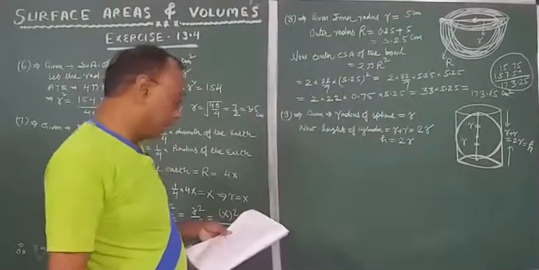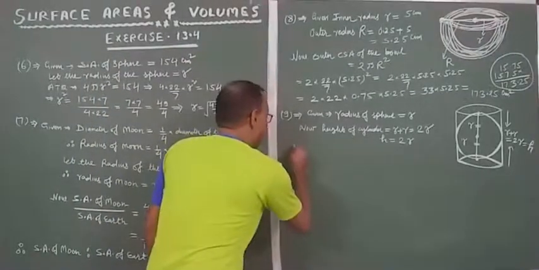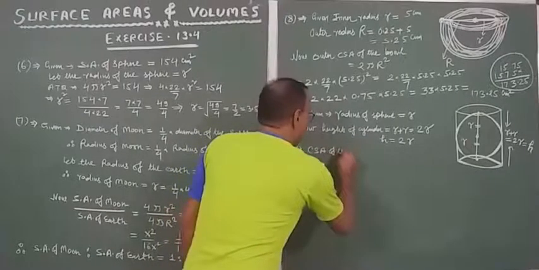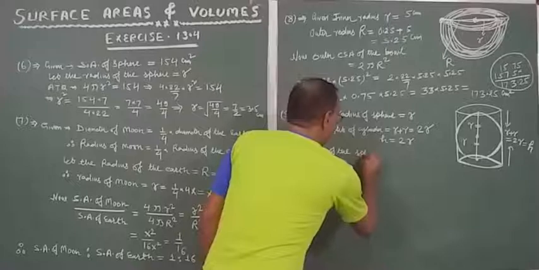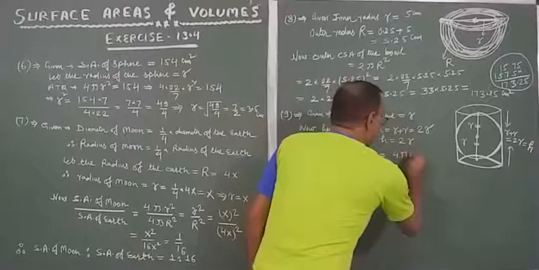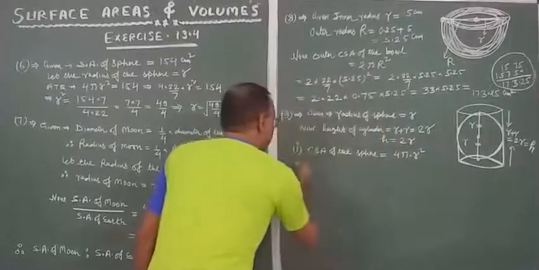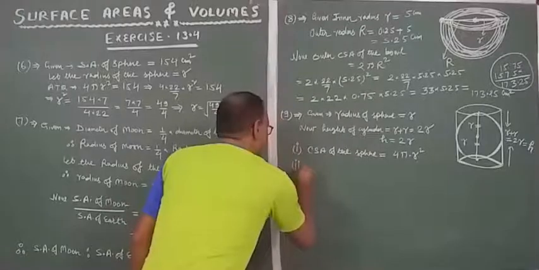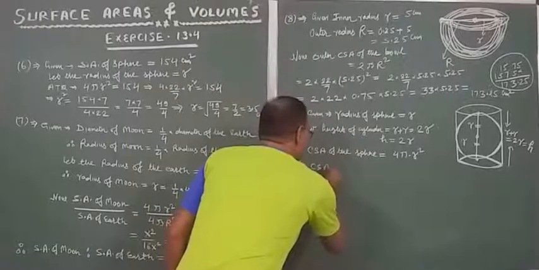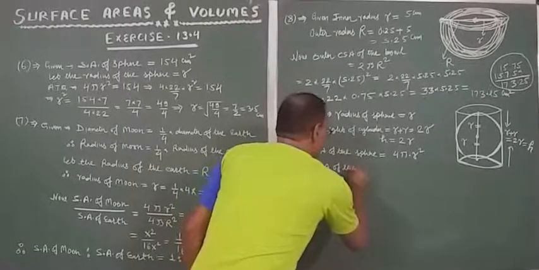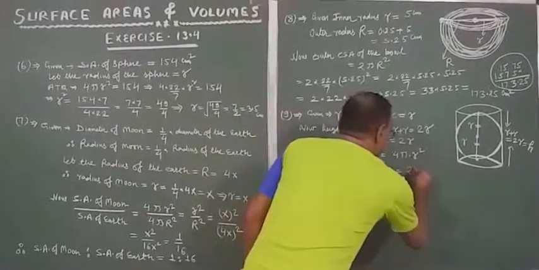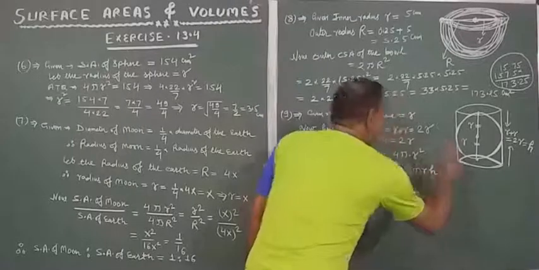The question is: find the CSA of the sphere, the first part. The CSA of the sphere is given by 4 pi into radius square. The second part is to find the CSA of the cylinder, and that is given by 2 pi into r into h.